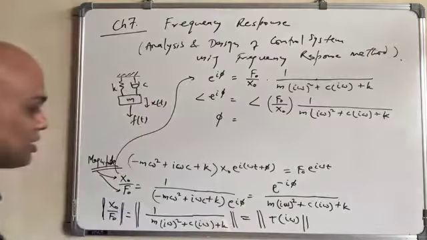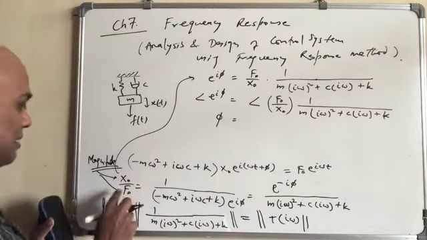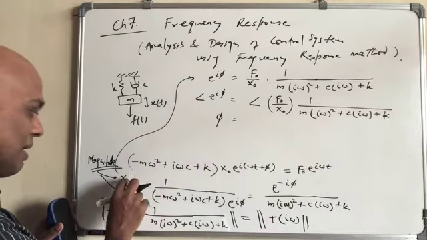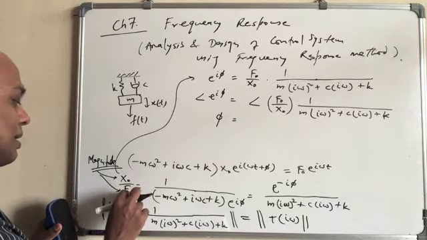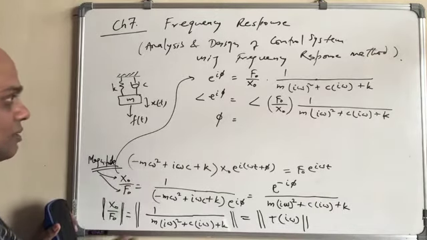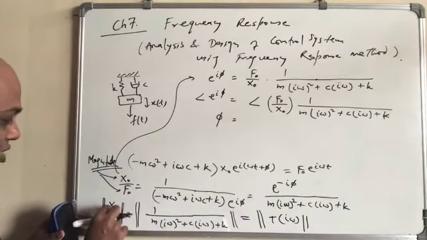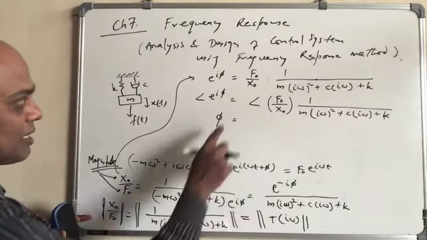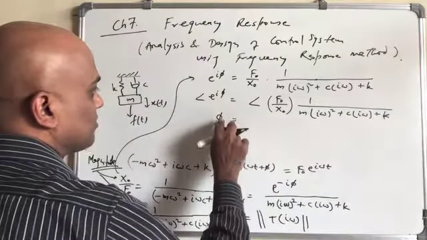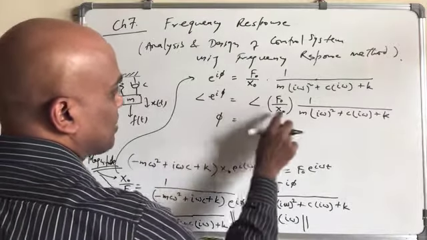But this will have the angle and the magnitude both. So here the real meaning is that the ratio of the magnitudes will be like this one, and the phi will be given by this angle.